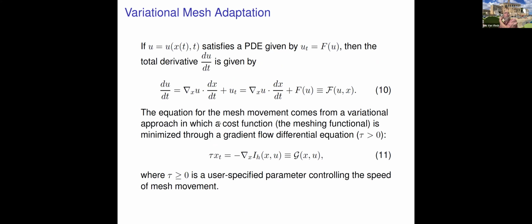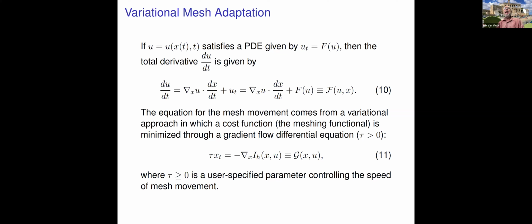Okay, so we're using variational mesh adaptation, where we think of U, the dependent variable of the PDE, as a function of X and T, but now we're saying, well, hey, X is going to be a function of T as well.